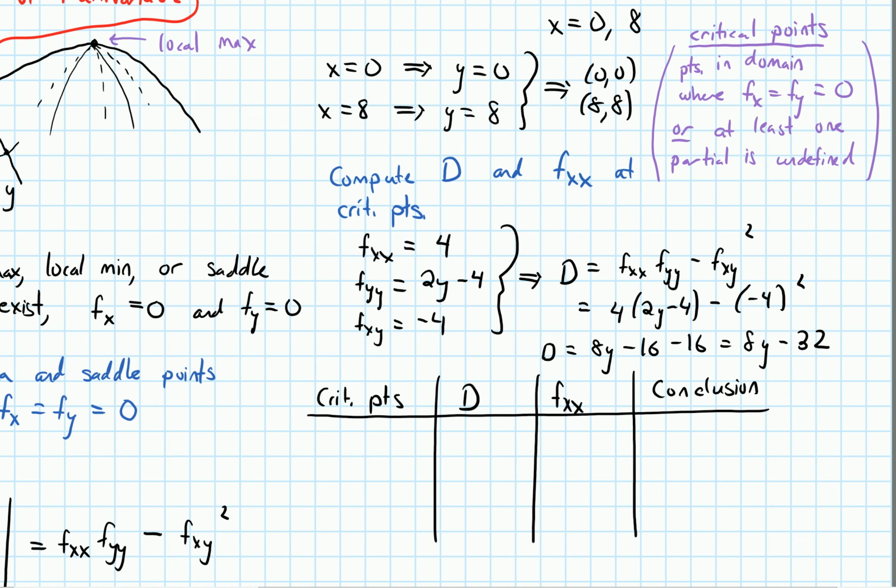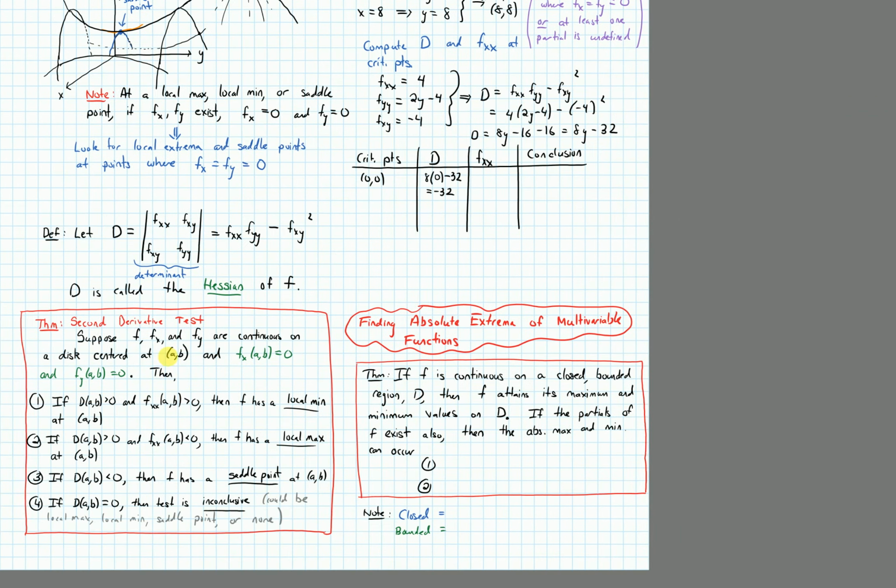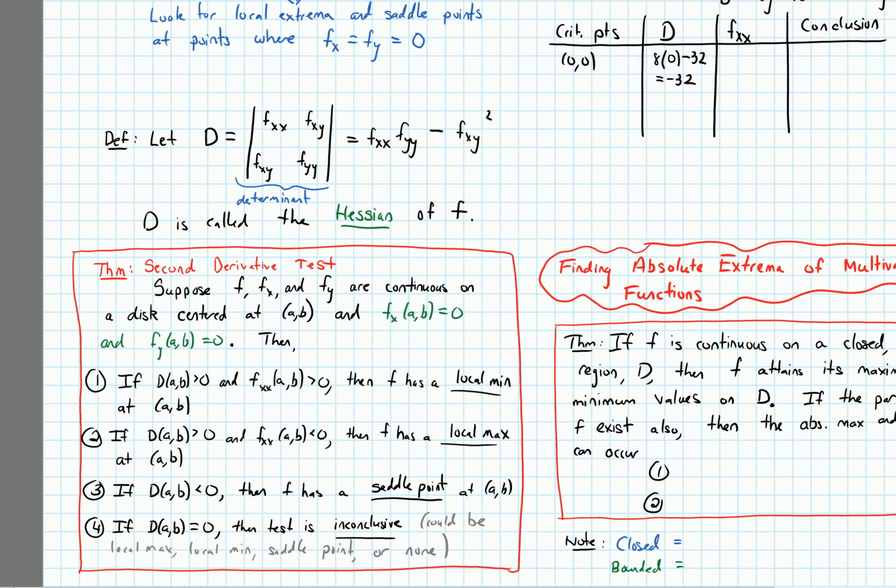Okay, so one of our critical points is 0, 0. When we plug that into D, 8y minus 32, we get 8 times 0, since y is 0 at this point, minus 32, which is minus 32. So if we look at our second derivative test now, what does it say to do when D is negative? This is condition 3.